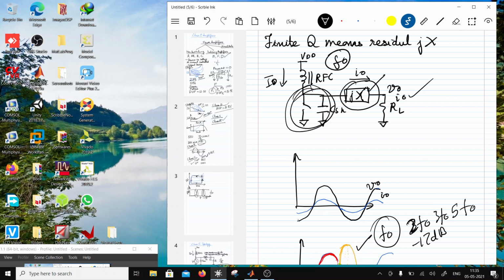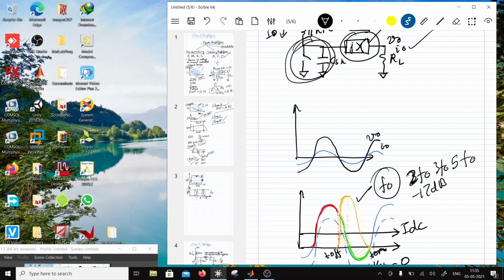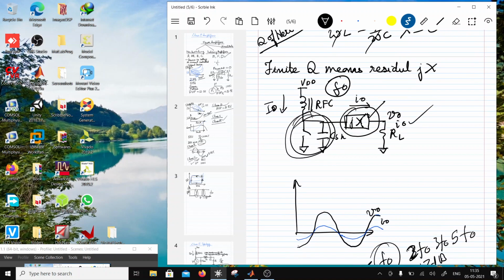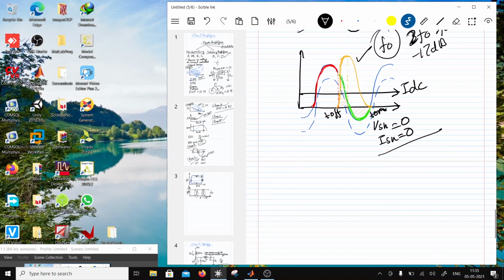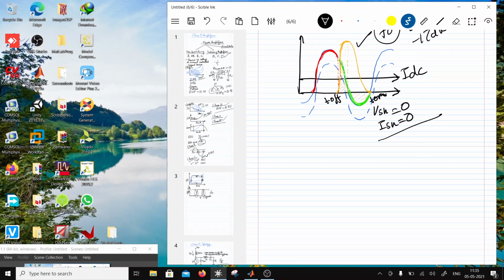Okay, so you have a DC in and you have got AC out without any loss, right? So that's why efficiency is 100%. Now let's go ahead and try to express this in terms of equations, right? So that's the main topic, and then we will look at the trade-offs and stuff like that.